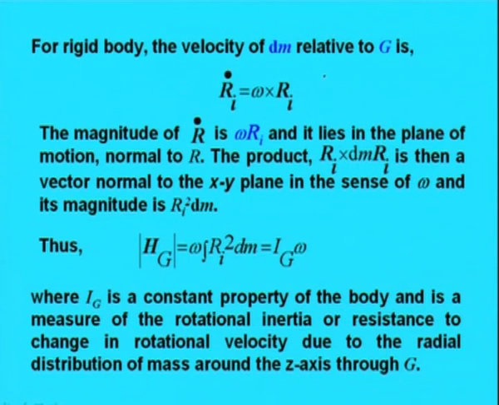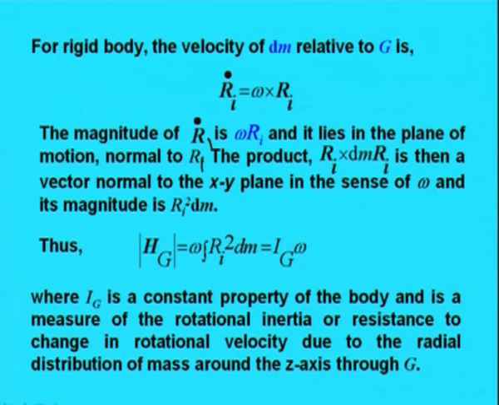For a rigid body, the velocity of dm relative to G is r dot i equal to omega cross r i. So the magnitude of r dot i is omega r i, and it lies in the plane of motion normal to r i. The product r i cross dm r dot i is then a vector normal to the xy plane in the sense of omega, and its magnitude is r i squared into dm.